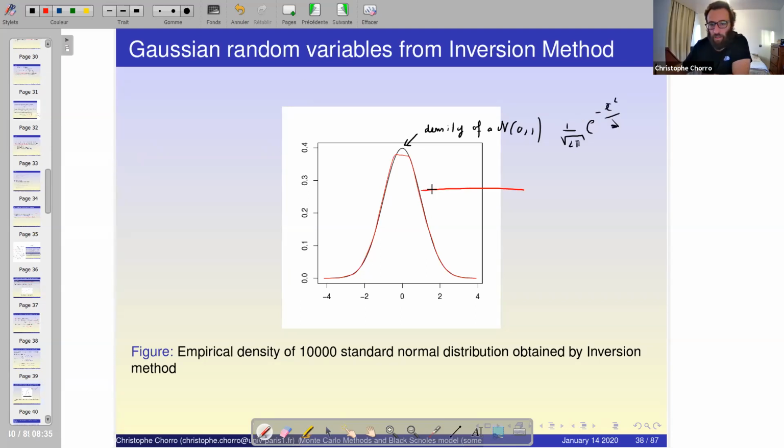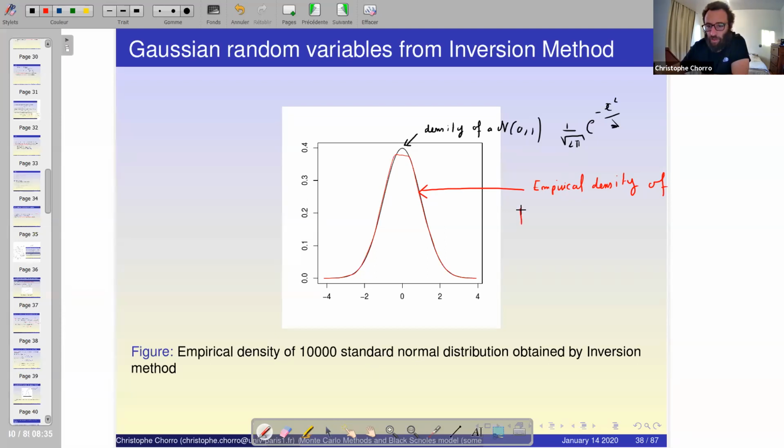And in red you have the empirical density function. Excuse me, I am a little bit ill. Empirical density of what? Of 10,000 independent realizations of a Gaussian distribution that I have obtained through the previous methodology.